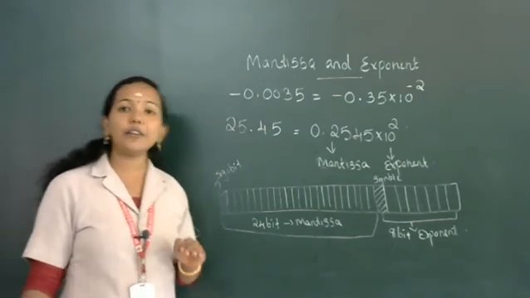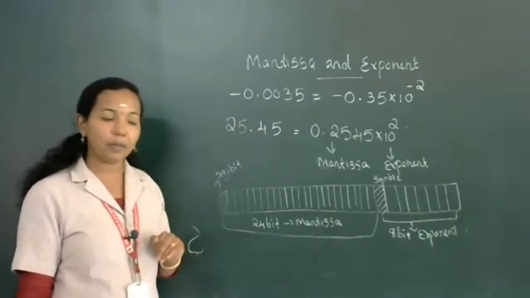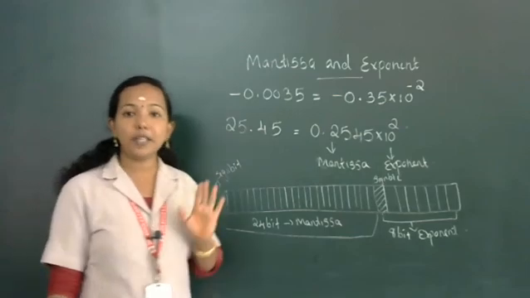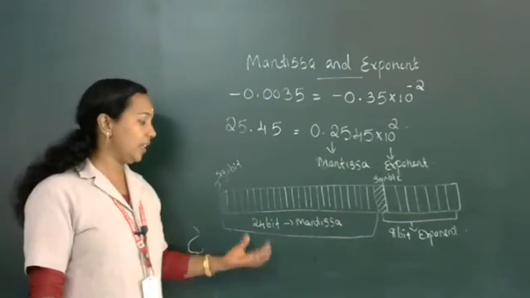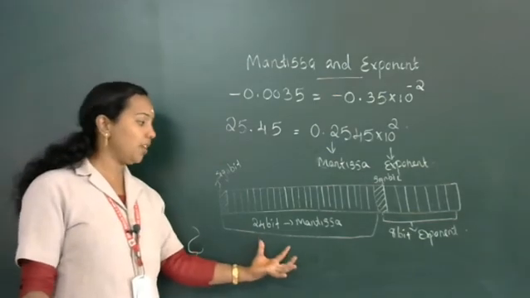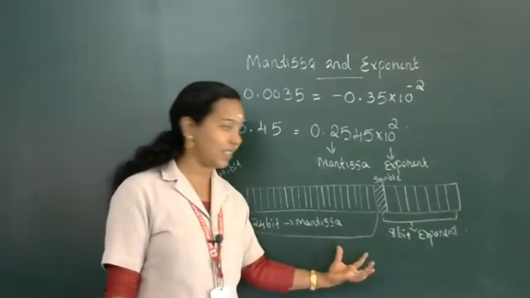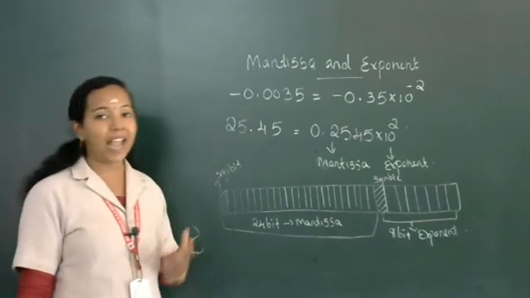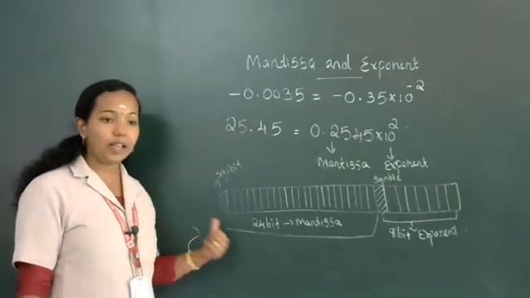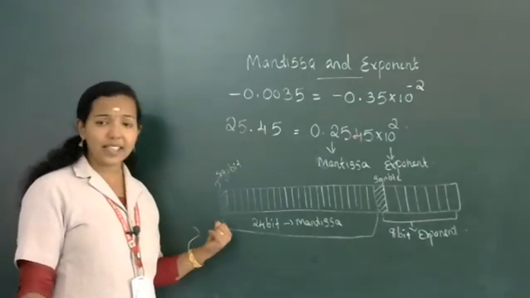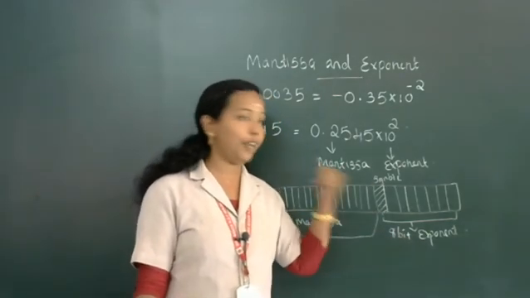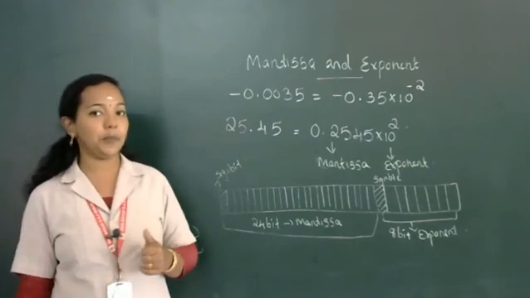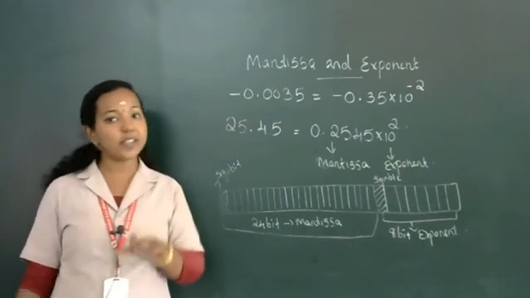Then suppose you want to represent it in computer memory, we use a 32-bit word length. In it, 24 bits are required for the mantissa and 8 bits for the exponent. In the 24 bits, the leftmost bit is known as the sign bit, and in the exponent 8 bits, the leftmost bit is known as the sign bit. I think the concept is clear.